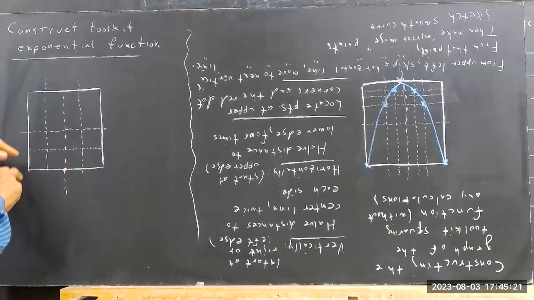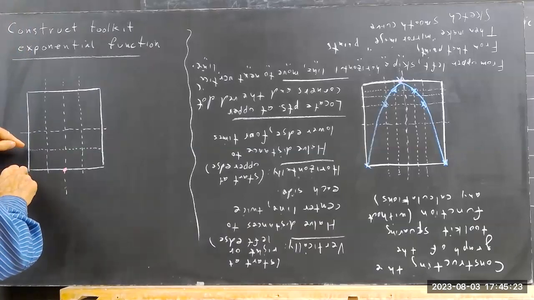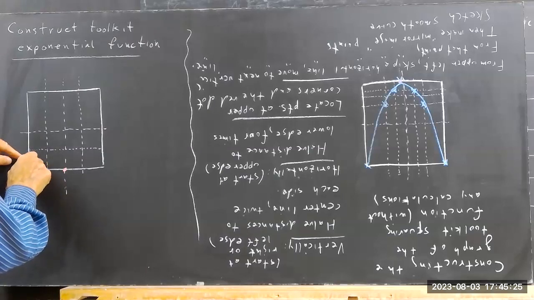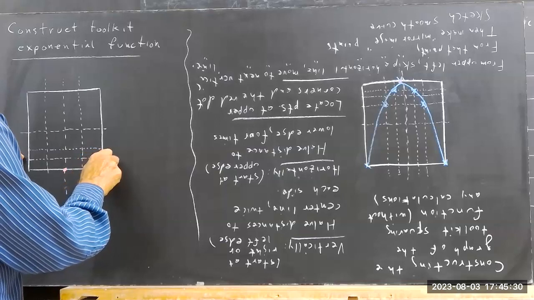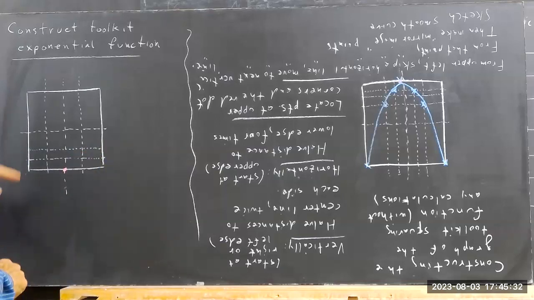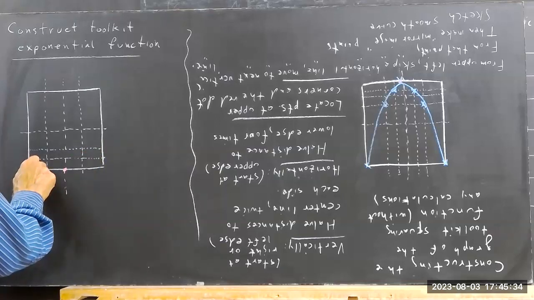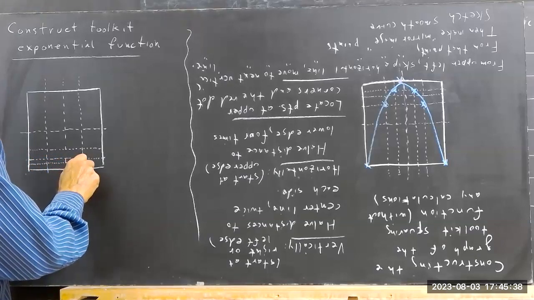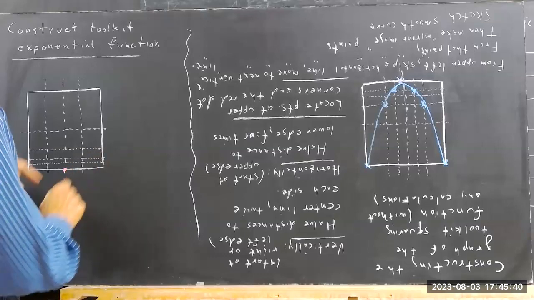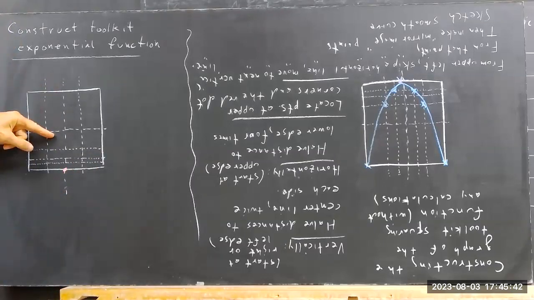Halfway from there to the lower edge would be about here, and halfway from there to the lower edge is here. So we started from the upper edge, halfway, then halfway, then halfway, then halfway to the lower edge.